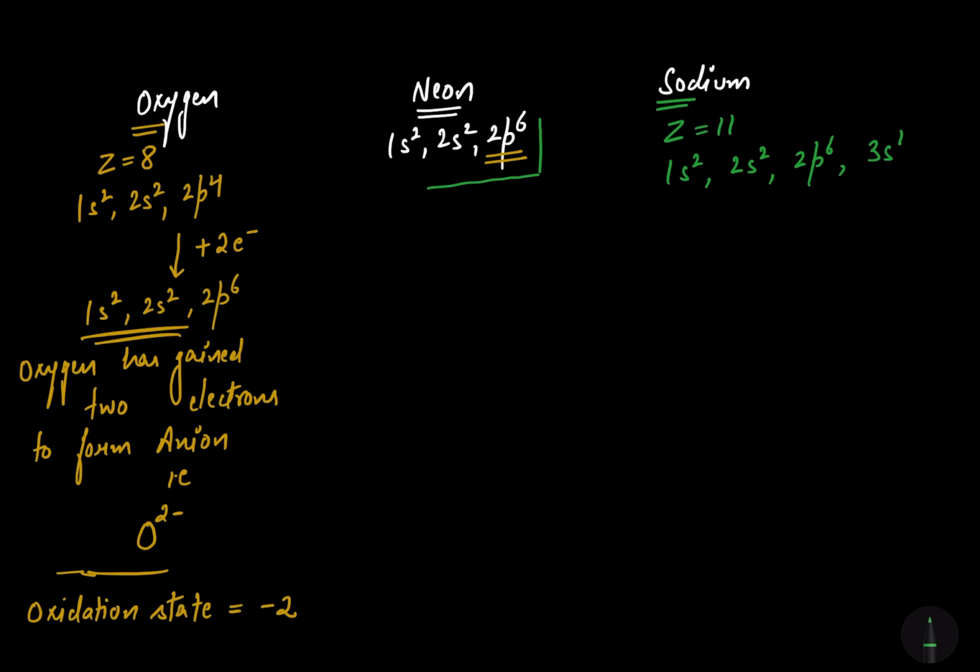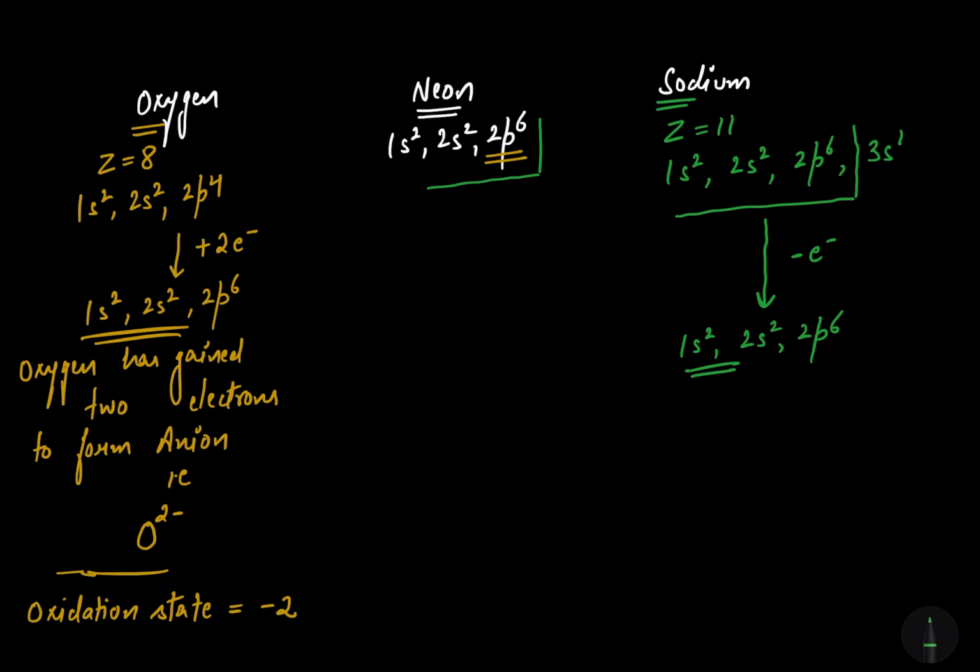So here we have one extra electron of 3s1. So what will sodium do? Sodium will lose the 1 electron of 3s1 to get a configuration of 1s2, 2s2, 2p6.